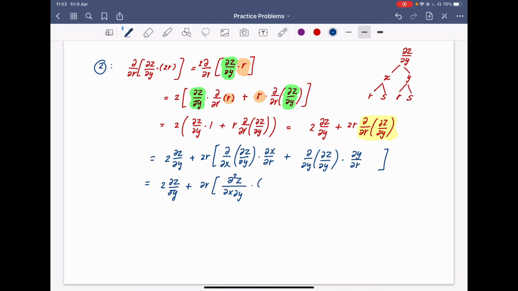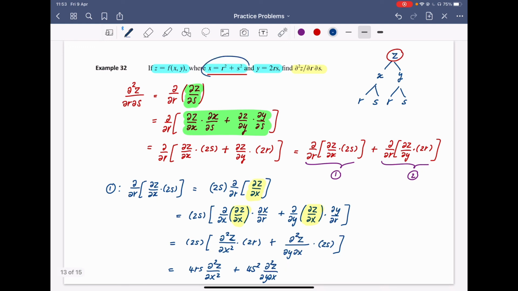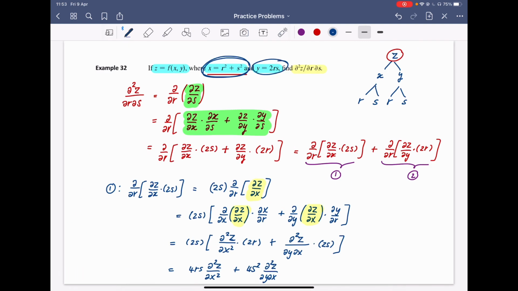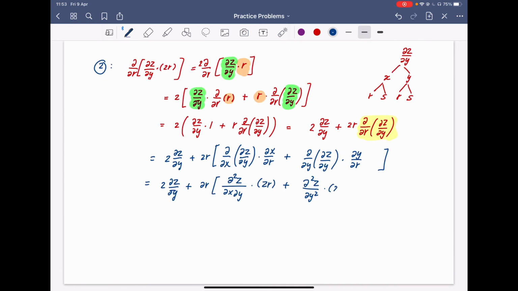We have x equal to R square plus s square, so you get 2R, and then curl y by curl R, so this is going to be 2R here, sorry.